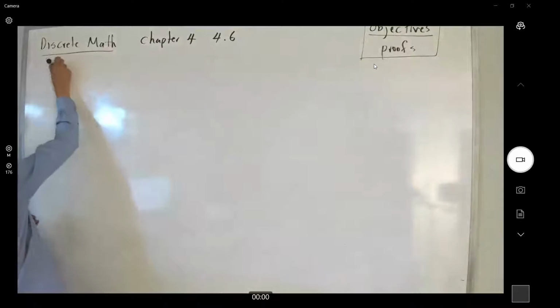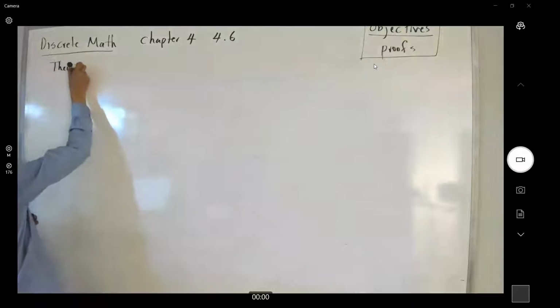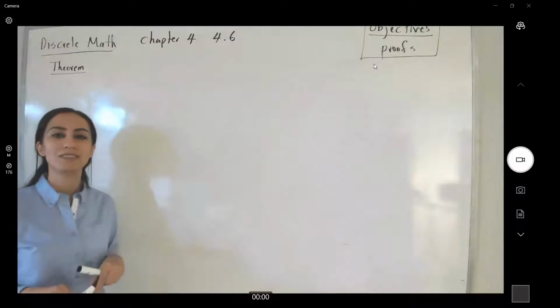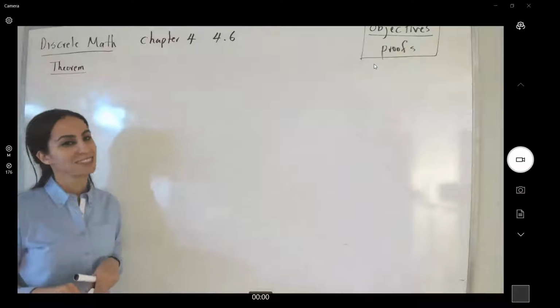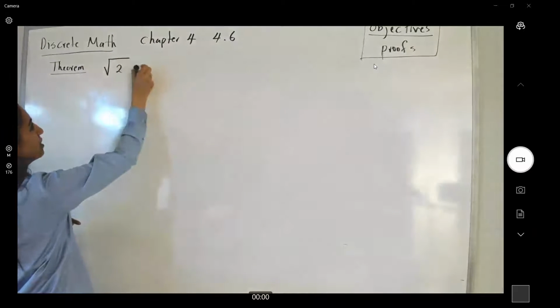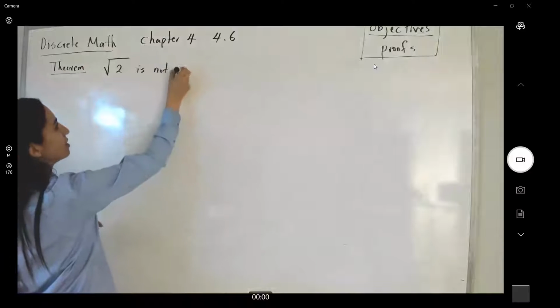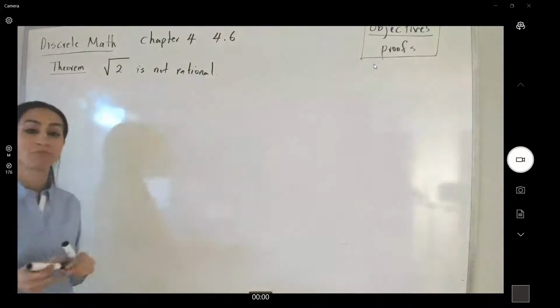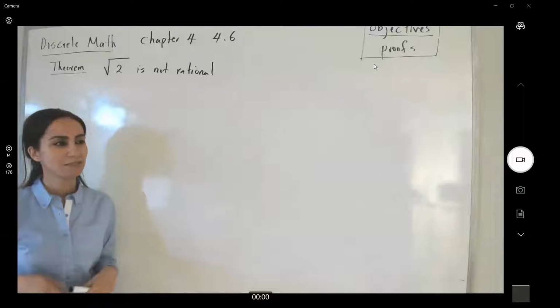this theorem. The theorem says, well, the square root of 2 is not rational.